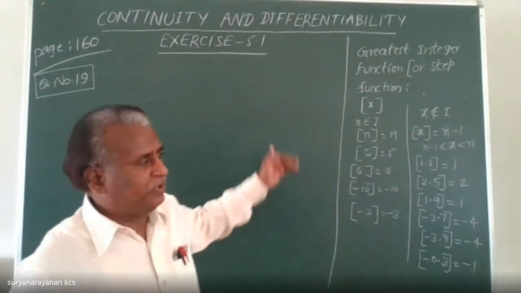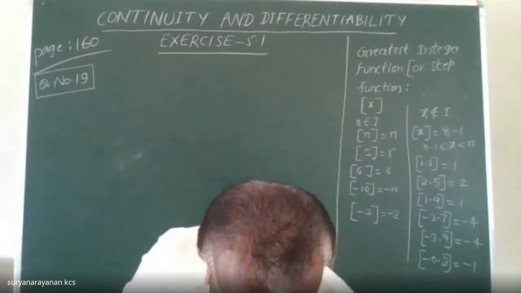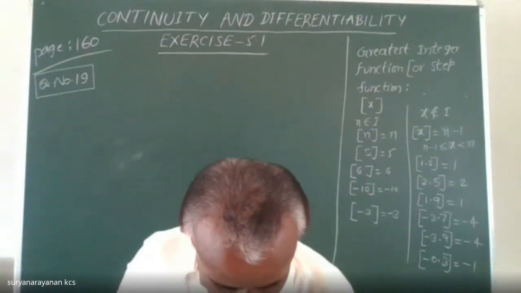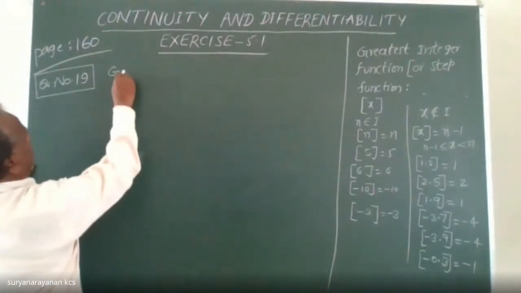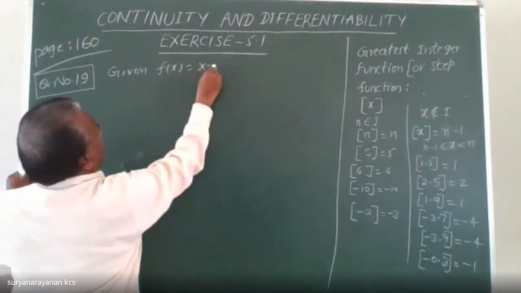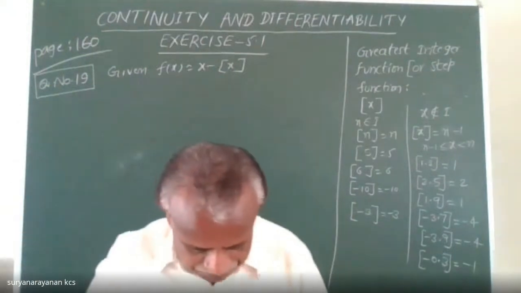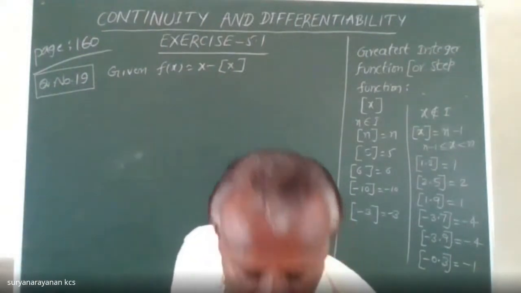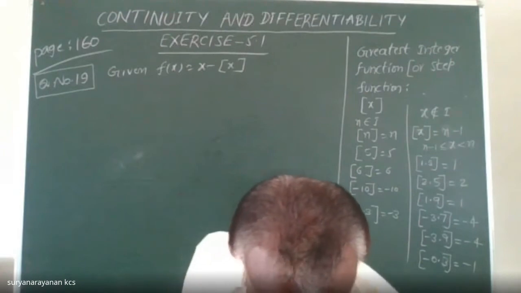So now come to question number 19. Here f of x is equal to x minus step x. And what is asked here? Show that the function is discontinuous at all integers. Sir, it's given as g of x equal to x minus step x.